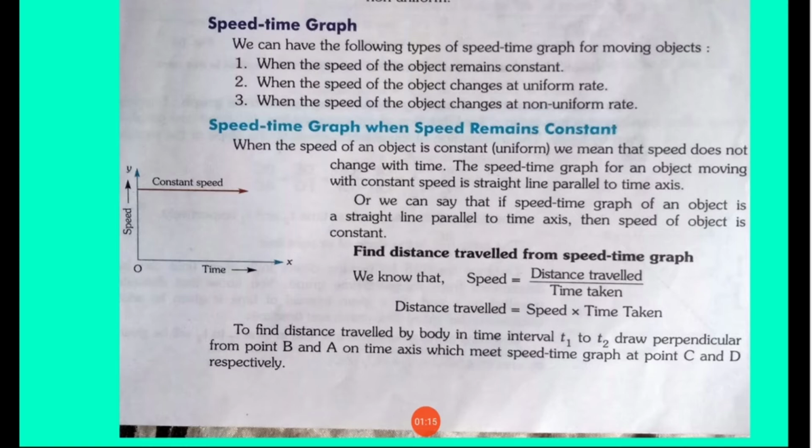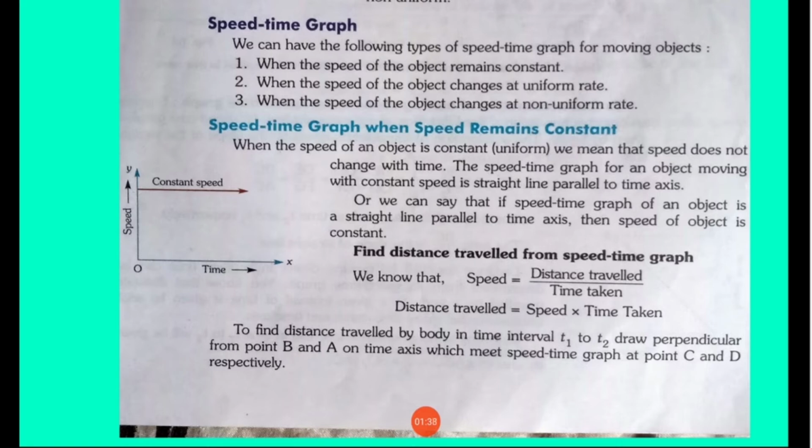We already saw that time being an independent variable is represented on the x-axis, and here speed or velocity will be represented on the y-axis, and it is a dependent variable. So when the speed is uniform, then the speed time graph will be a parallel line to the time axis.